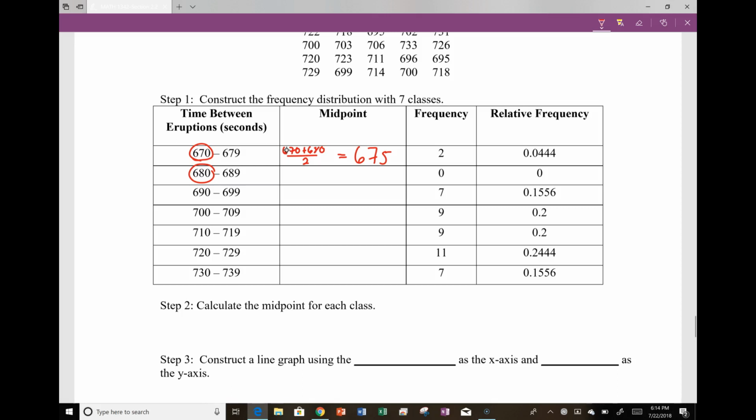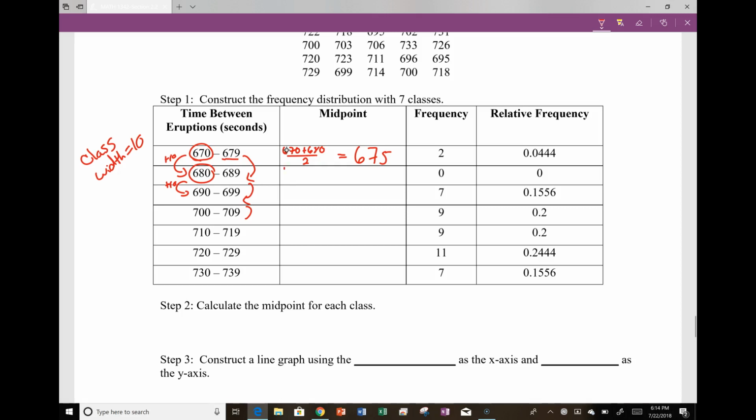Now if you recall, when we calculated the class widths, we said that the class width was 10 in this particular case. And if you recall, I told you that we added the class width down to get our lower limits. We got our first upper limit, and then we could add the class width down. We can do that exact same thing with midpoint.